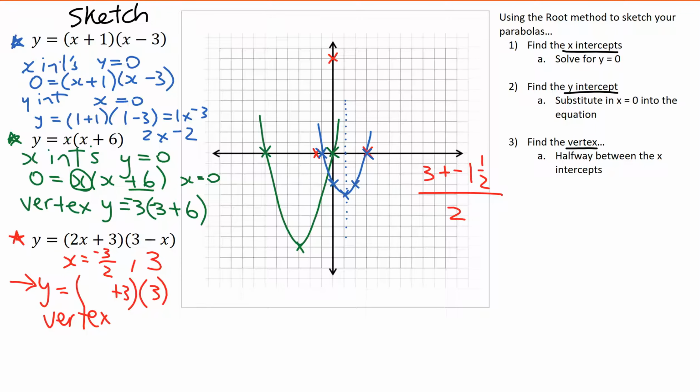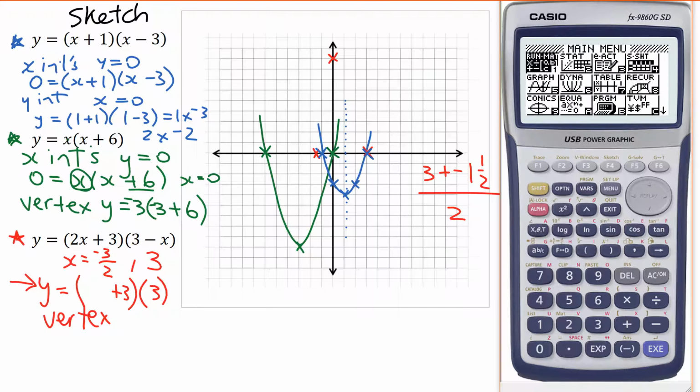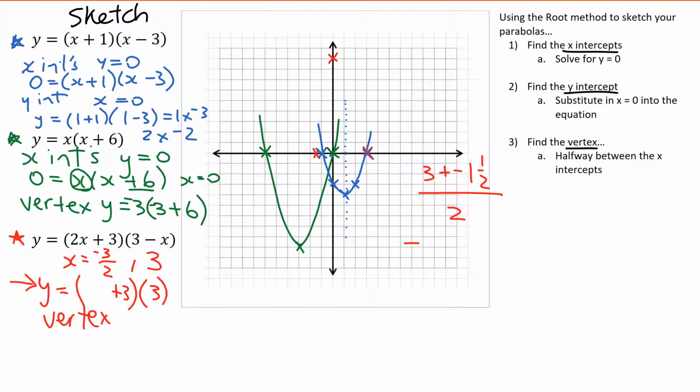Let's get the calculator out. 3 plus -1.5 equals, divide by 2 is 0.75. When I'm asking you to draw graphs, you will be able to. And the one where you might just solve a problem, you won't have the graph. We'll go through those shortly.